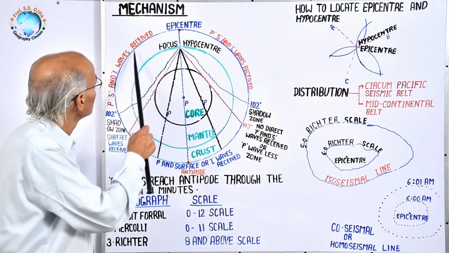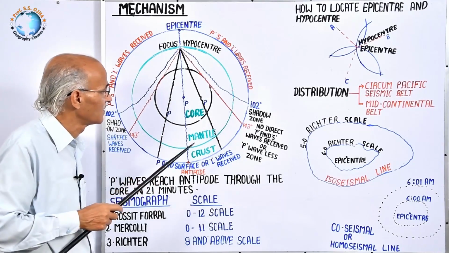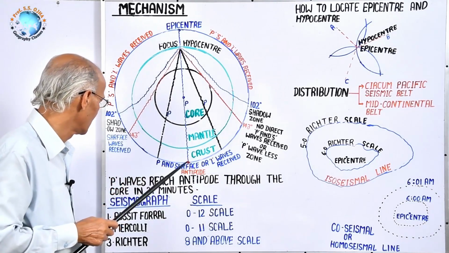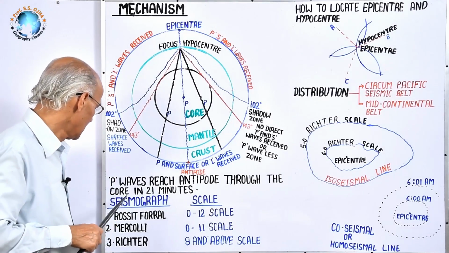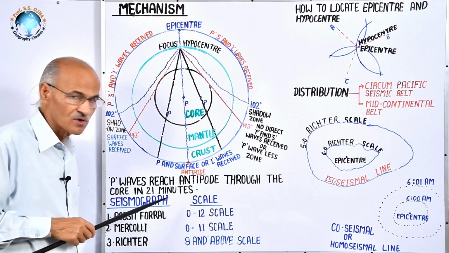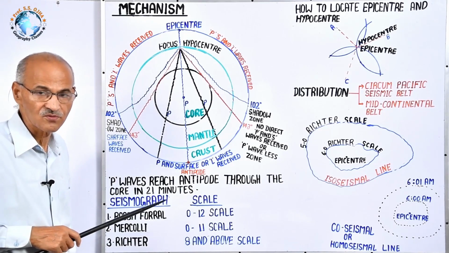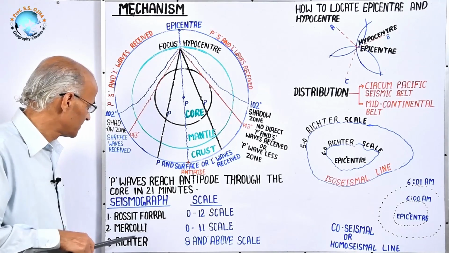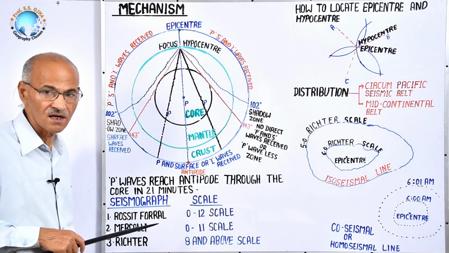So this is about the mechanism of P, S and L waves on the surface of the earth. Here there is one instrument, the seismograph, prepared to measure the three waves, their intensity and their mechanism.